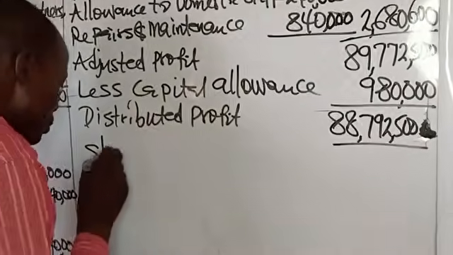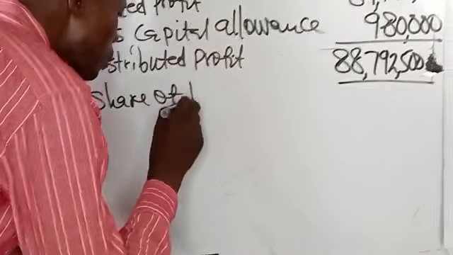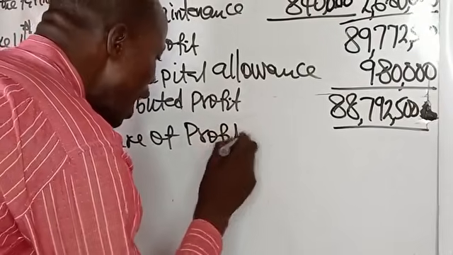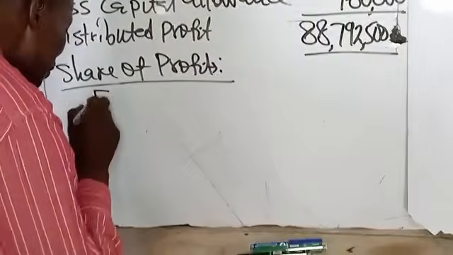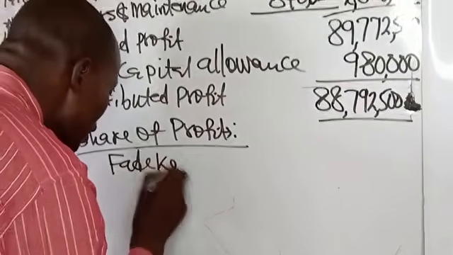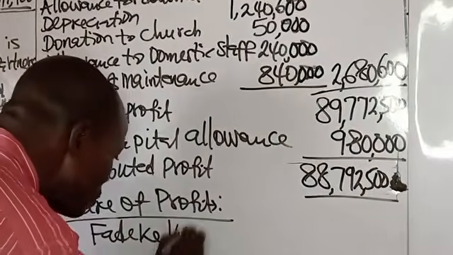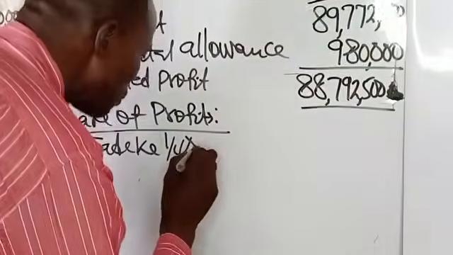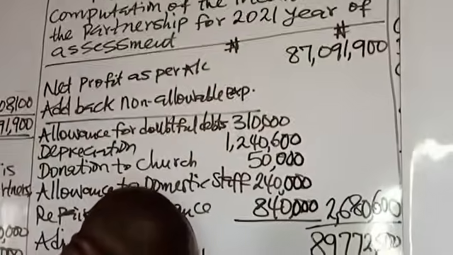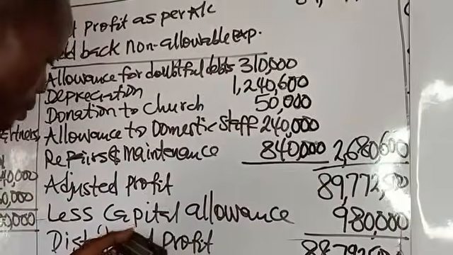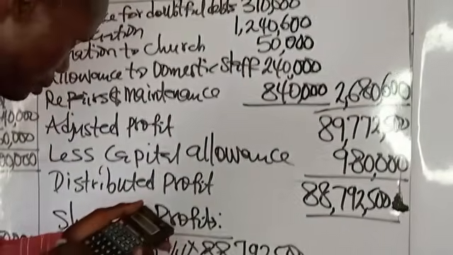Now, let's have share of profit. Fadike receives 1/4 of the profit of 88,792,500 divided by 4.